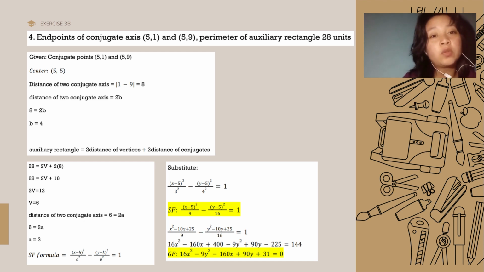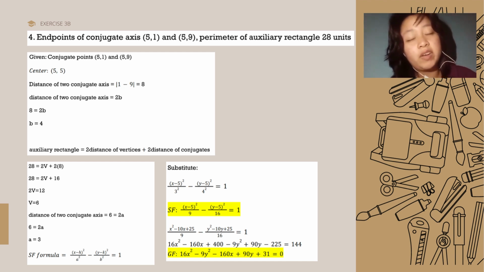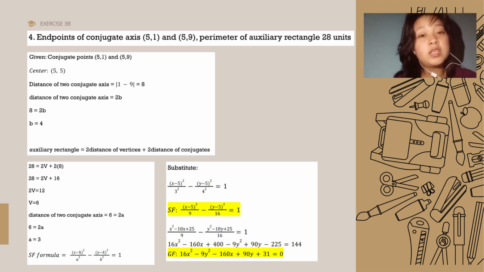So, in order for us to find the v, i-divide lang natin ng 12 into 2, which is 6. So, dito naman sa distance of two vertices, wherein 6 is equal to 2a. Yung 6, syempre, i-divide lang din natin siya into 2 to find a. So, ang ating a is equal to 3.